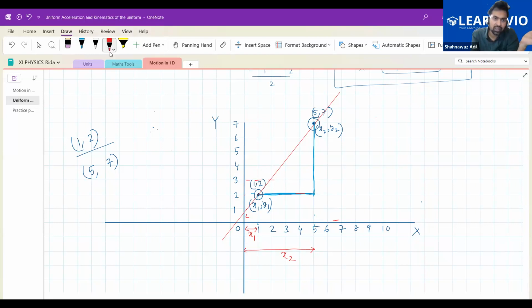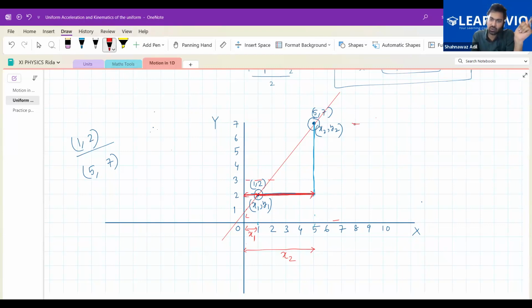Okay. So now you understand that this is the change in x, right? This is the change in x because this is the total x, and this was the initial x. So this is the change. And what is the change in y?